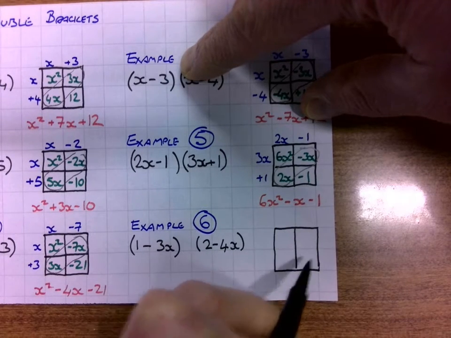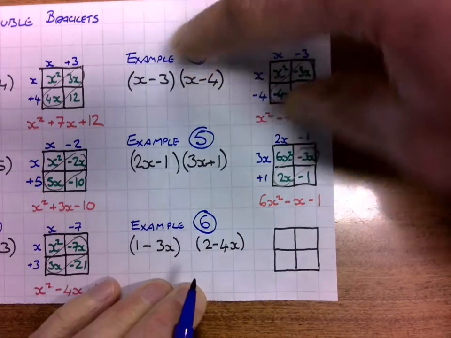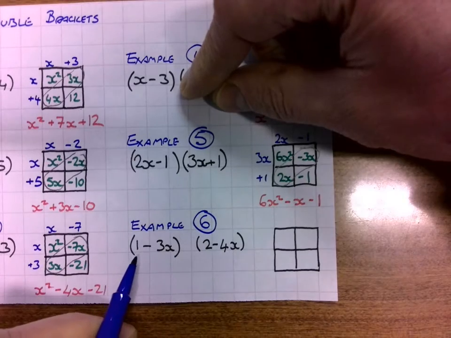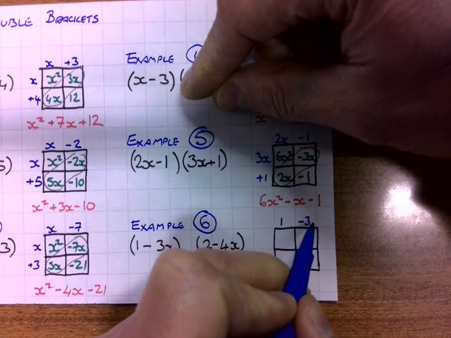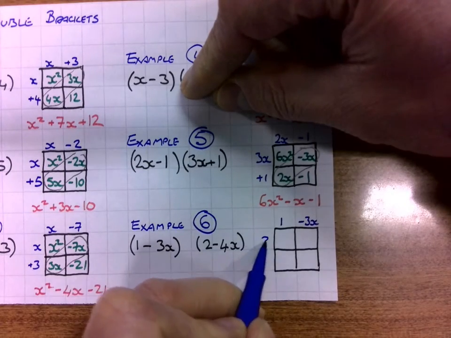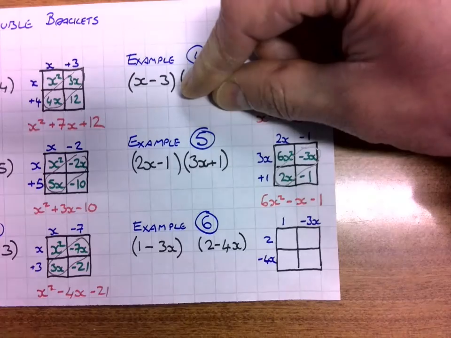And write the question around the boxes like we did before. So 1 take 3x and 2 take 4x.